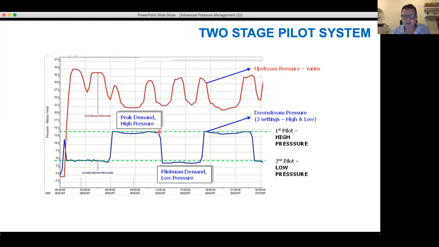Then they drop it down at midday. And then about 5 o'clock in the evening, it goes back up to high pressure until about 11 o'clock at night.